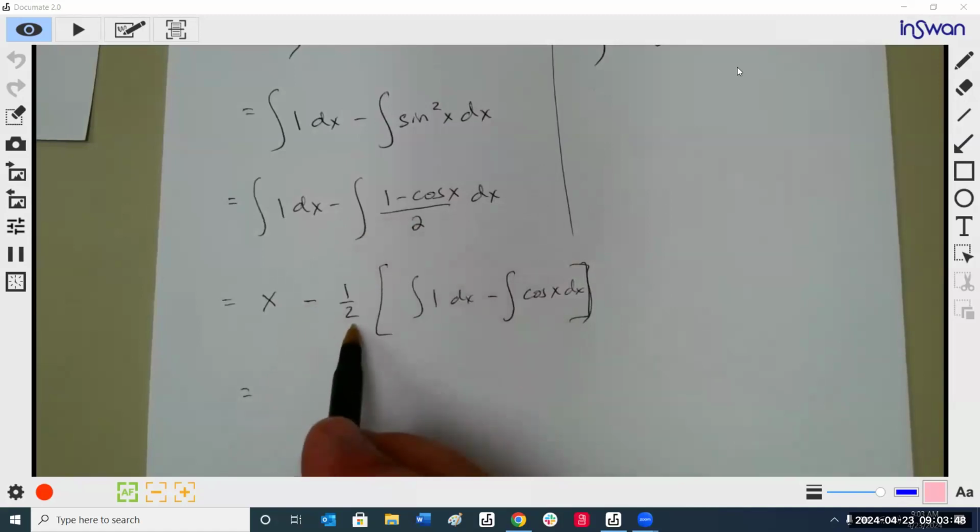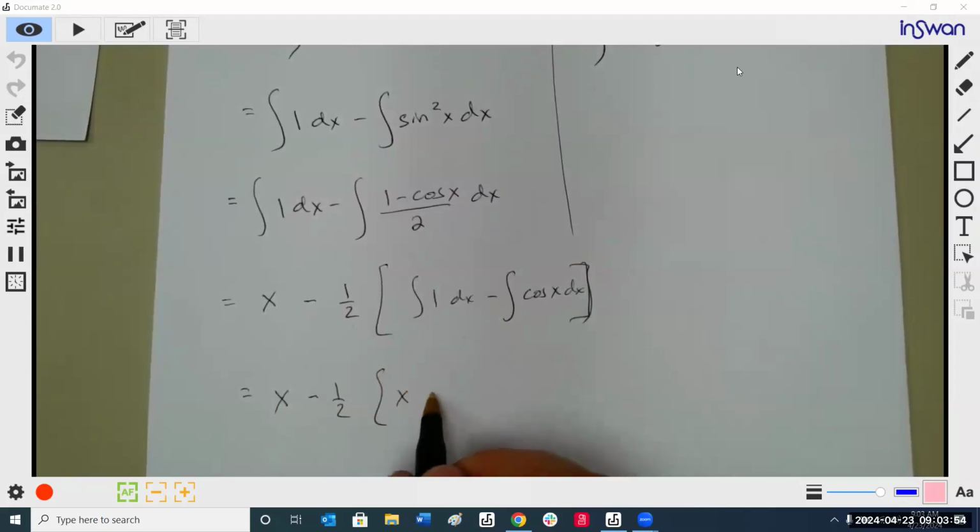Move the 1/2 out in front. So it's x. The integral of 1 is x.